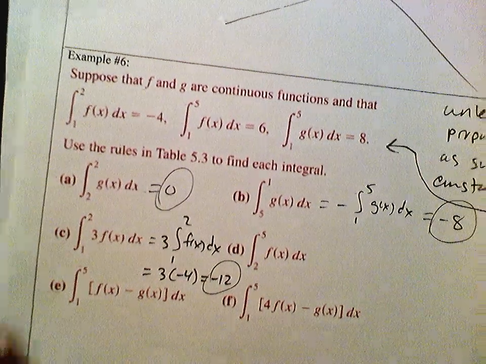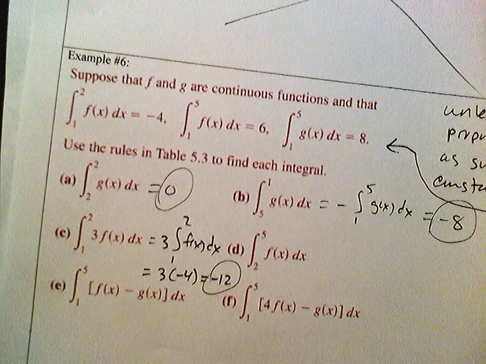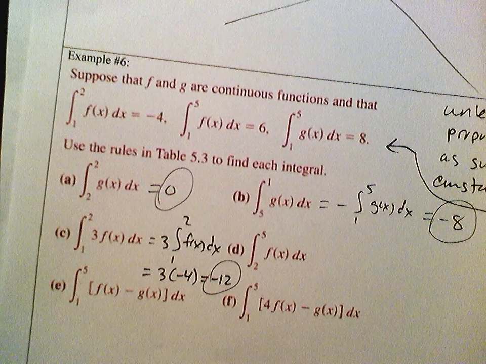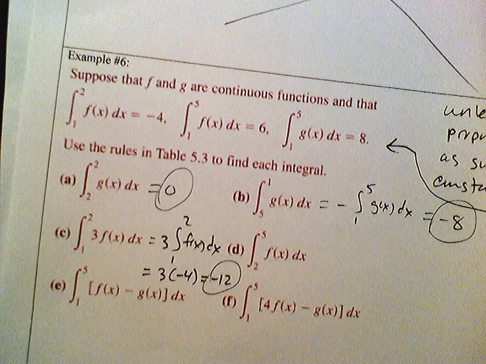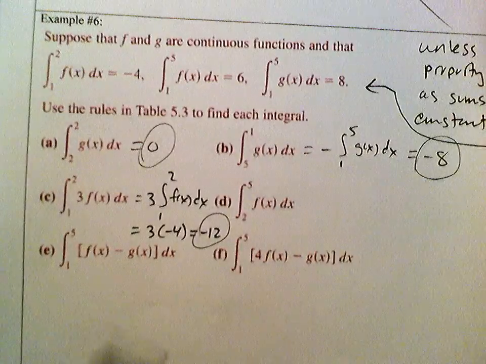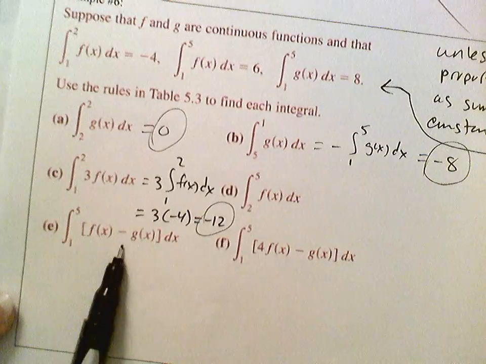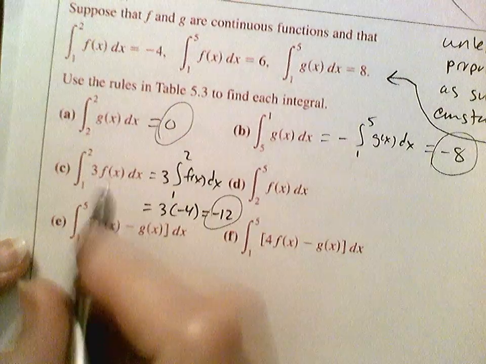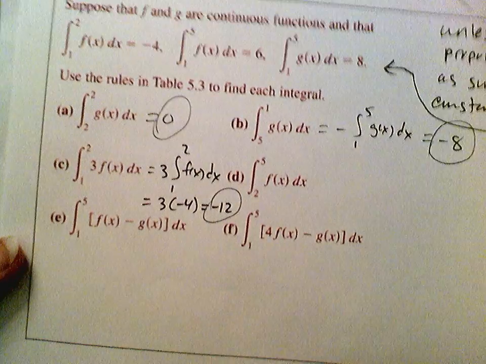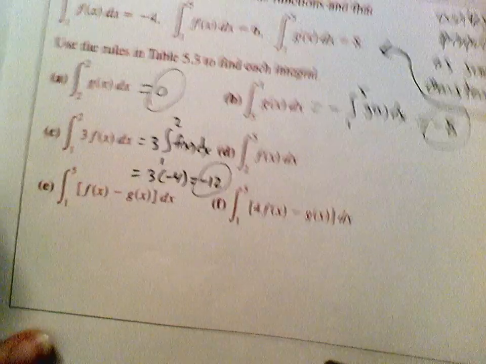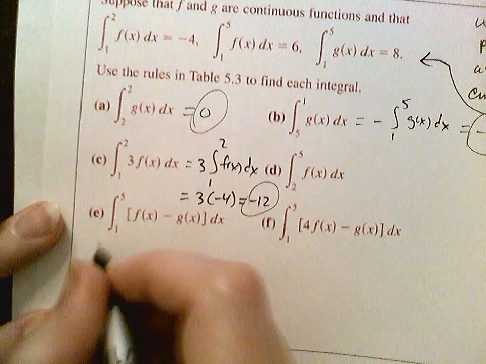Okay, now 2 to 5. Guys, this one is going to take some thinking, so I will come back to that. All right, so we're going to come back to D. Now the integral from 1 to 5 of f of x minus g of x. Well, we can use the rule that says we can split up an integral over addition or subtraction.